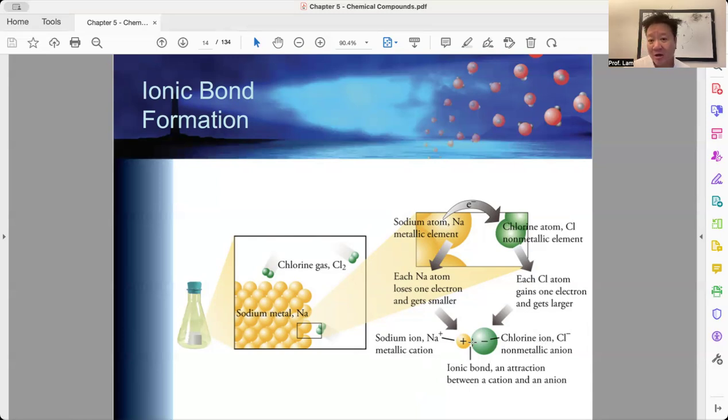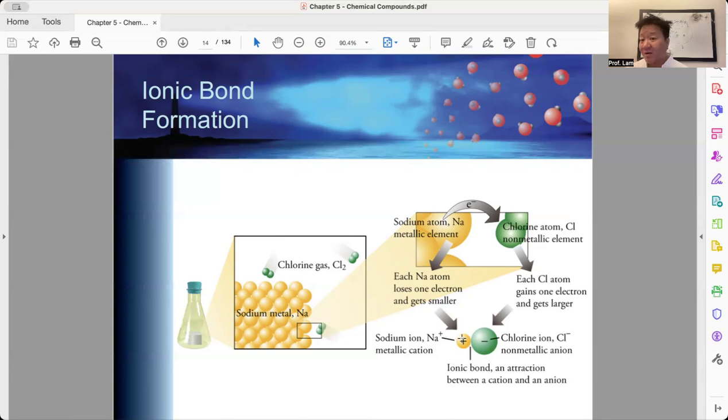So do you see how ionic bond is very different than covalent? I mean, it's still existing on the same spectrum as in, you have an attraction between positive and negative, but it's about how extreme it is, right? In polar covalent bond, you have unequal sharing. In ionic bond, it is so unequal that one atom, the chlorine, completely steals the electron of the sodium.